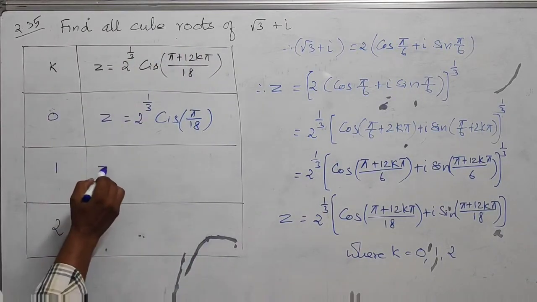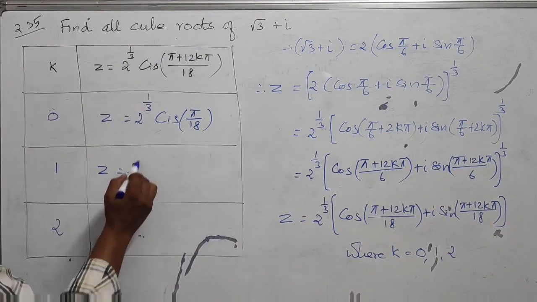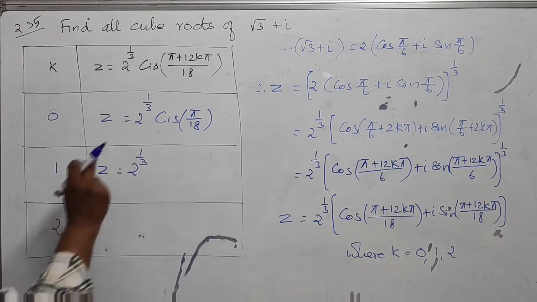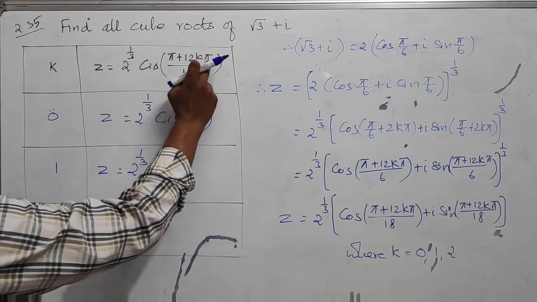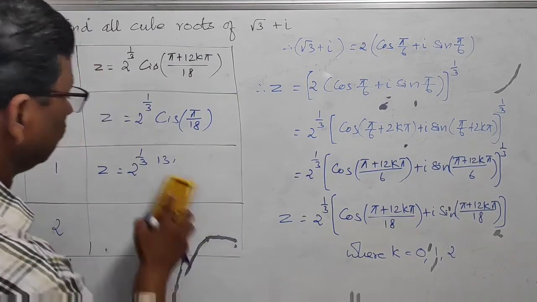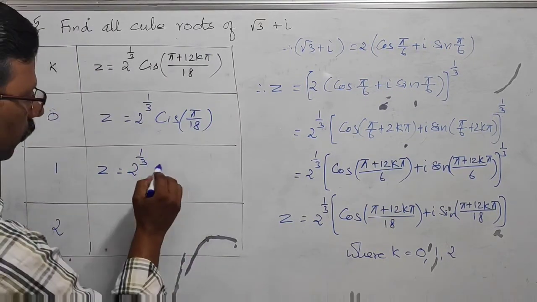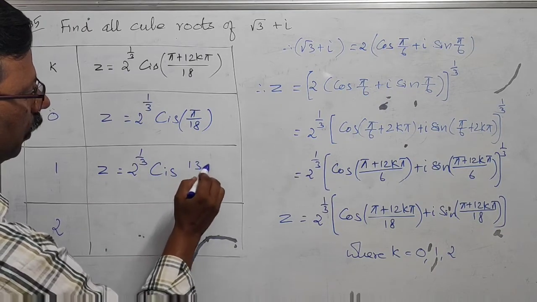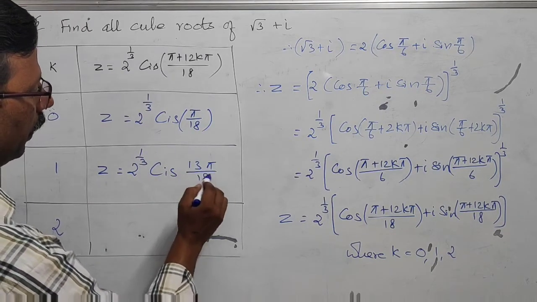Next, k equal to 1 means z is equal to 2 power 1 by 3 into cis. If you put k equal to 1, here 12 pi plus pi is 13 pi, that is cis 13 pi by 18.